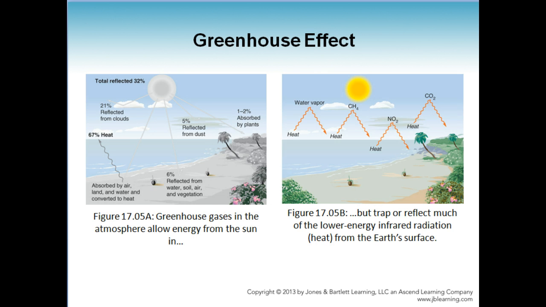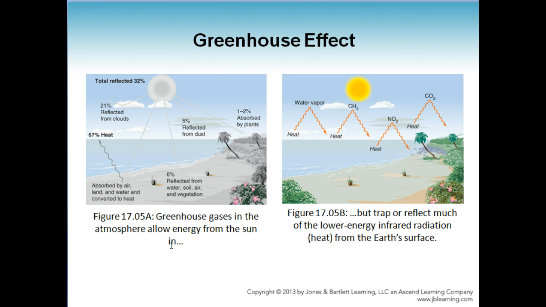Greenhouse gases in the atmosphere allow the energy from the sun to come in, shown on the left, but trap and reflect much of the lower energy infrared radiation, or heat, from the Earth's surface on the right. So on the left side, energy is coming in the form of light and high energy radiation.